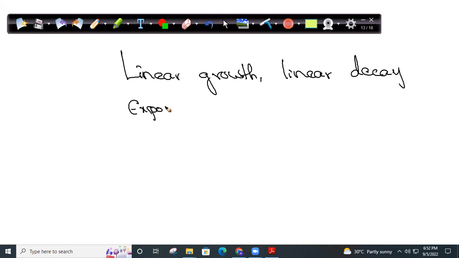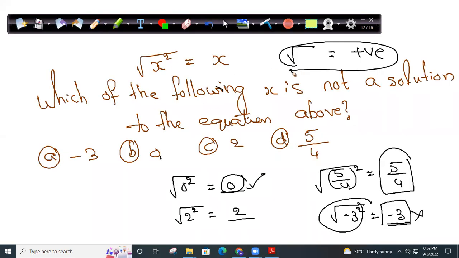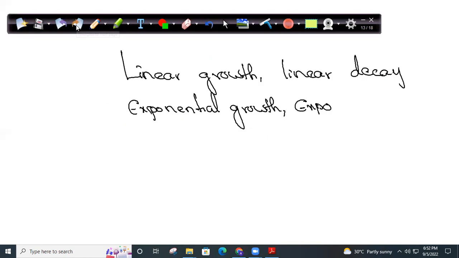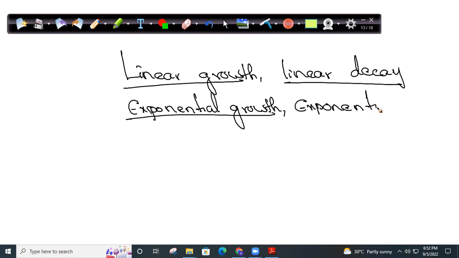On this, definitely you get one question on SAT. Everything that I'm teaching you, you get one question. If you follow that, happily you'll be able to solve questions. So from square root, you get one question. The concept is square root of a number should be positive, and one question based on infinite solutions, no solution and one solution. The next question that you get is linear growth, linear decay, exponential growth, and exponential decay.